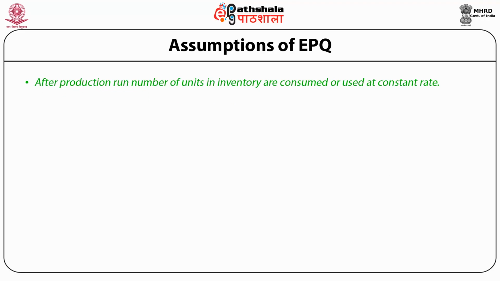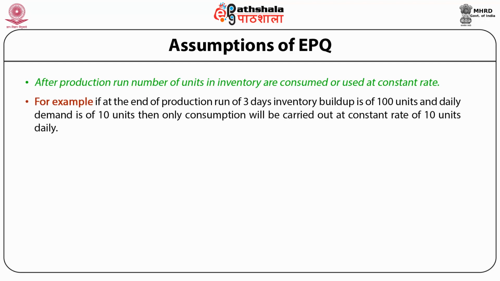After the production run, the number of units in inventory are consumed or used at a constant rate. For example, if at the end of a production run of 3 days, inventory buildup is 100 units and daily demand is 10 units, then only consumption will be carried out at a constant rate of 10 units daily.